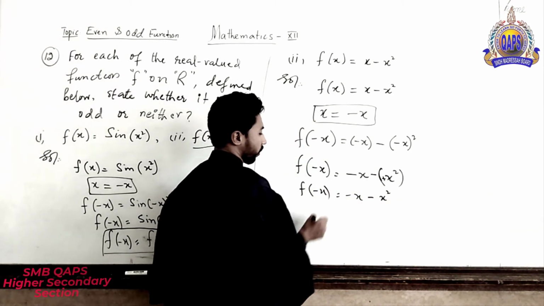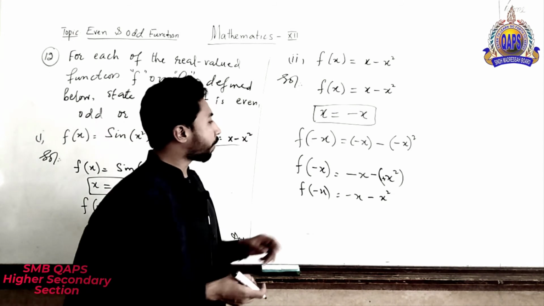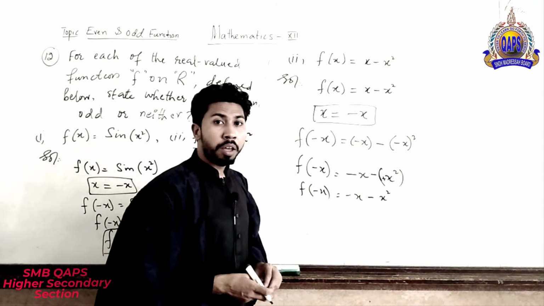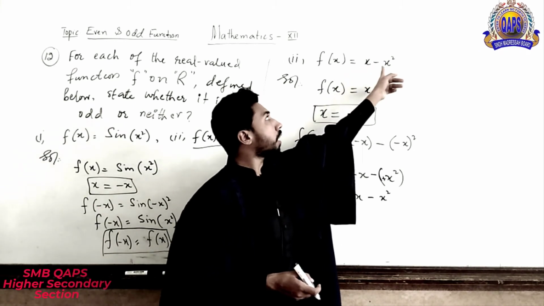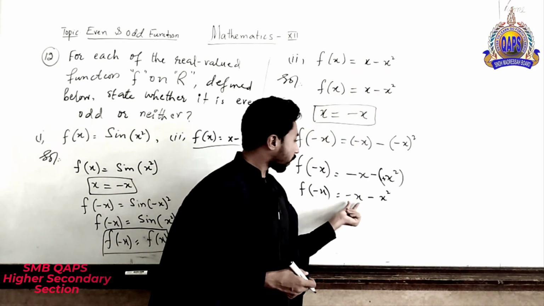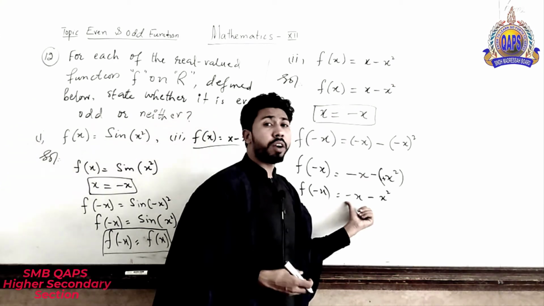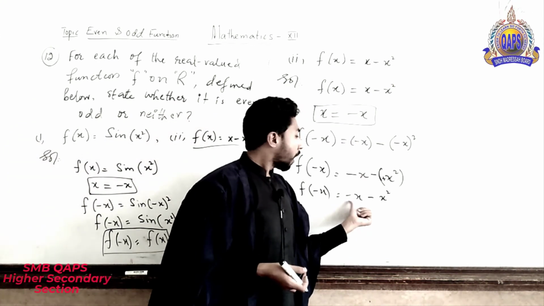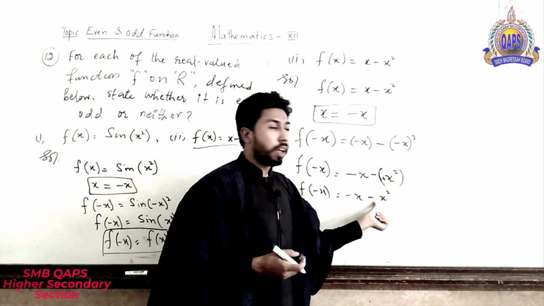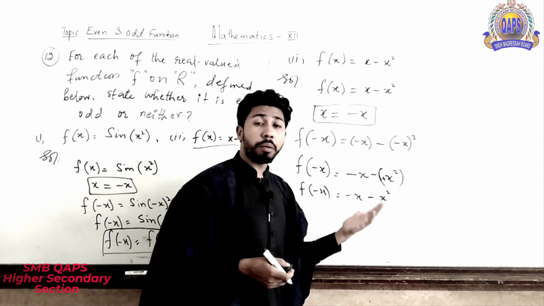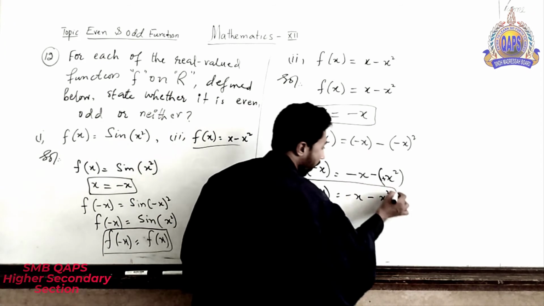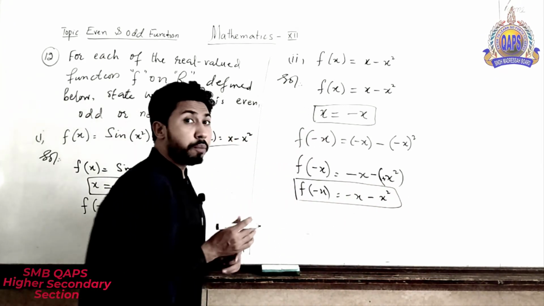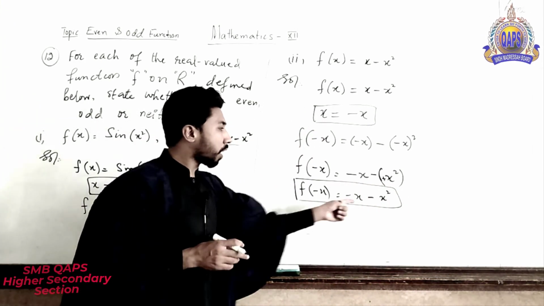So this whole function is not converted into the positive, because the first term x becomes negative and the second term does not become negative. So there is no consistent effect from both variables in the given function.